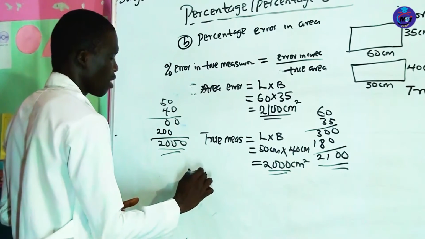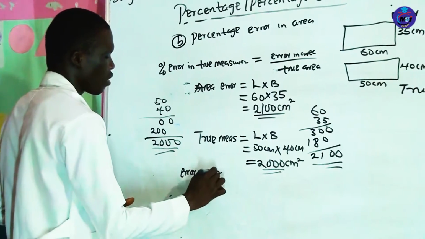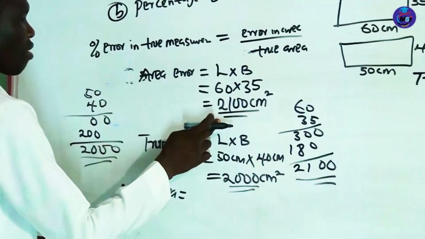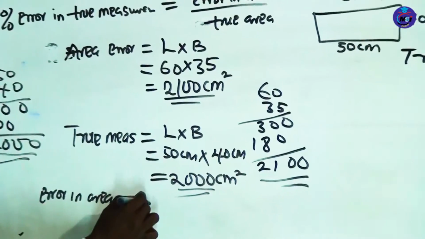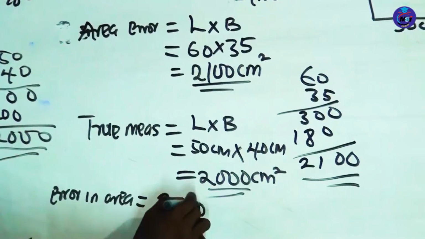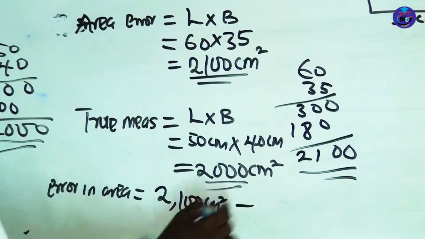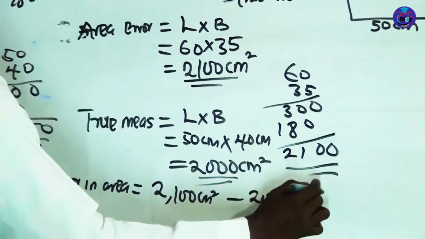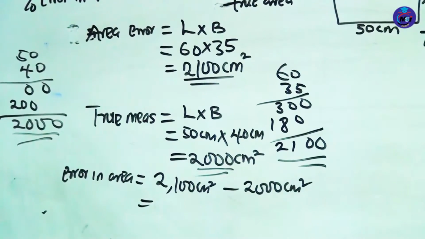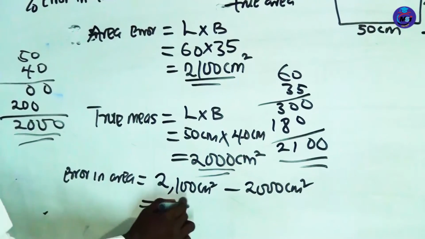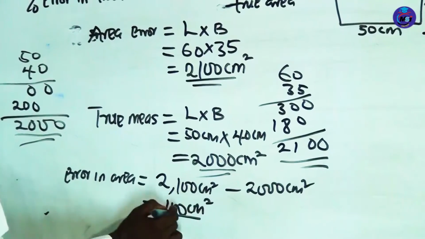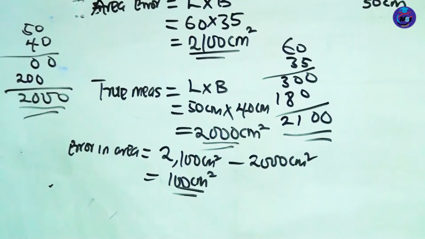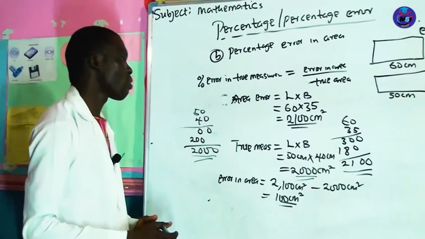Now, the error in area. Error in area will now be error, which is 2,100 centimeter squared minus 2,000 centimeter squared. So 2,100 minus 2,000 will give us 100 centimeter square. So this will be error in area. Now we want to find percentage error.